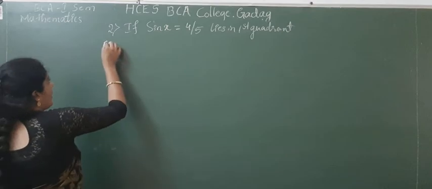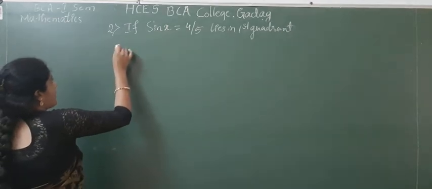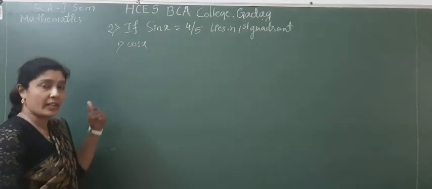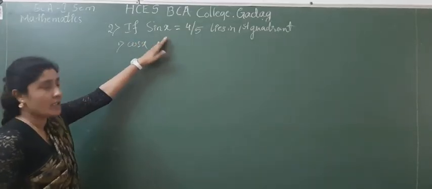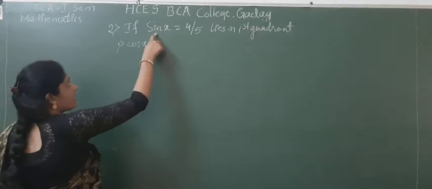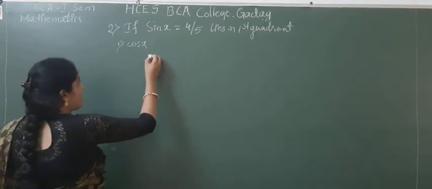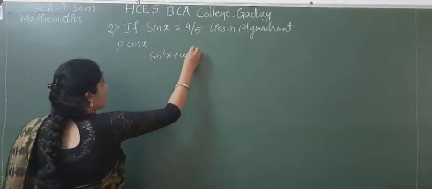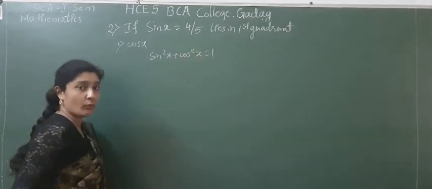So, now, first let us find out cos x. How to find out cos x when we know the sin? We know the relationship between the sin and cos. What is that relation? Sin square x plus cos square x is equal to 1.